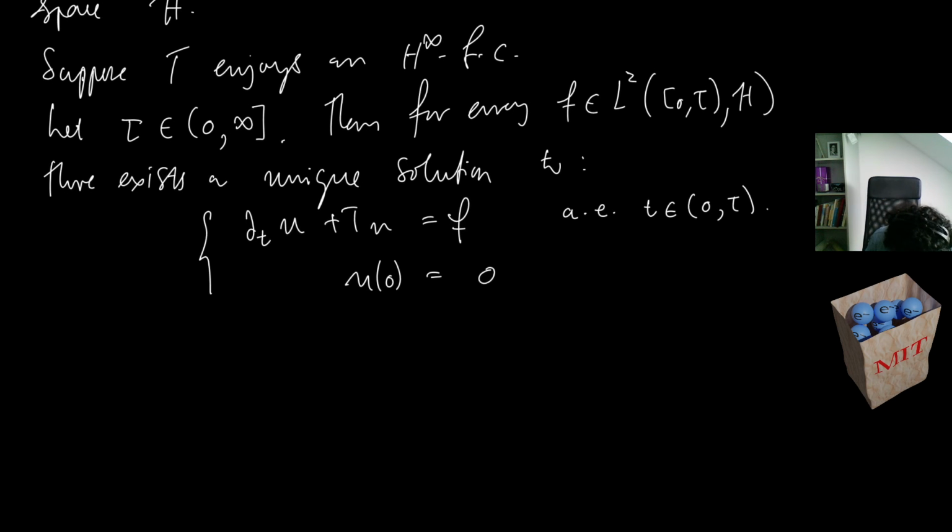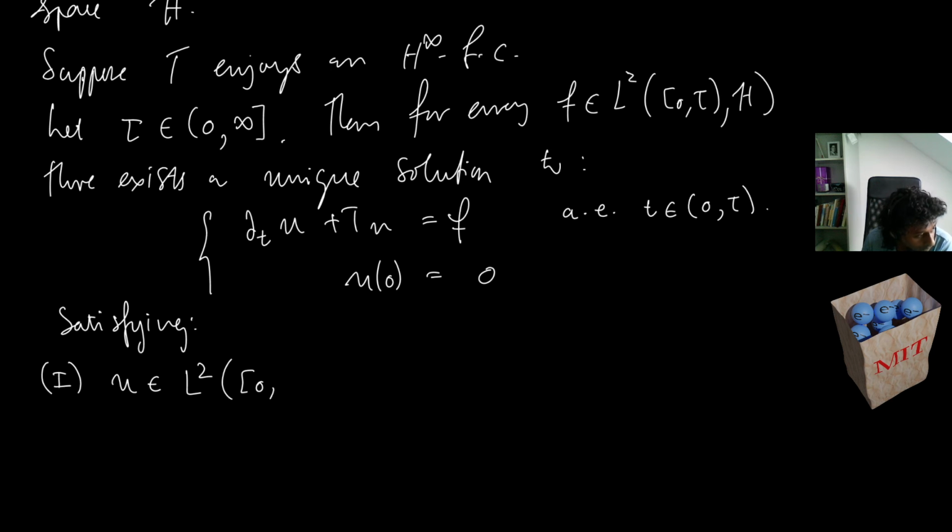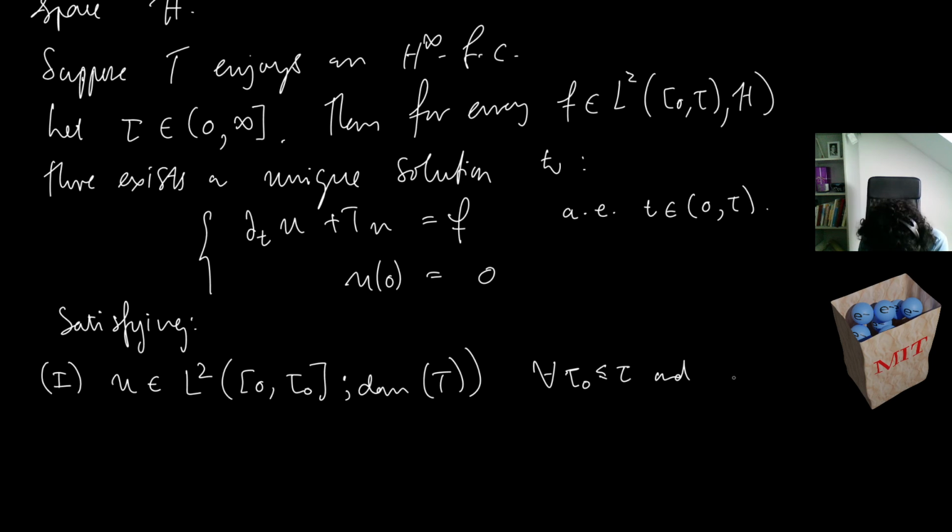And what does this solution satisfy? So there exists a unique solution to this, satisfying the following. So the first is that we need u to be in L2 0 up to tau naught inclusive, and it's in the domain of the operator T for all tau naught that's less than or equal to tau and finite.